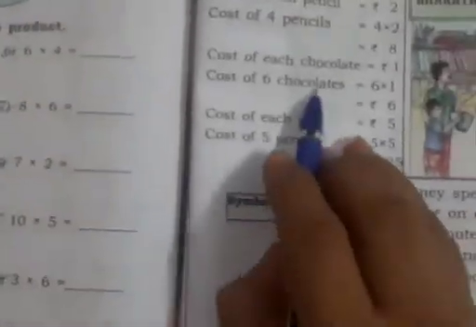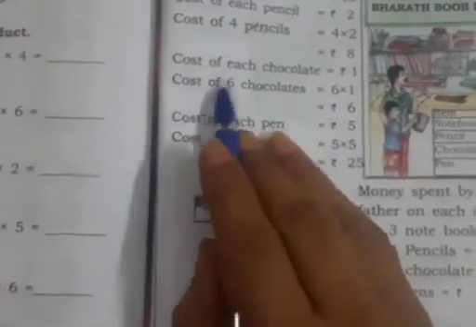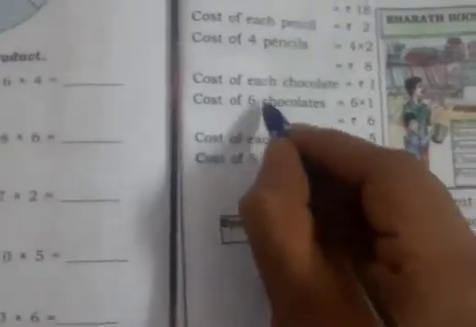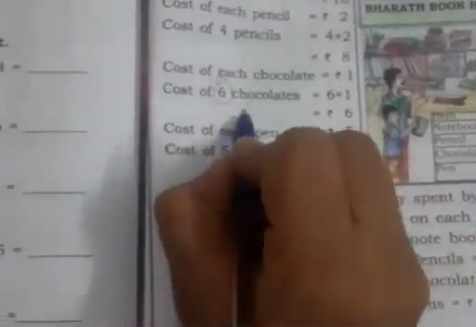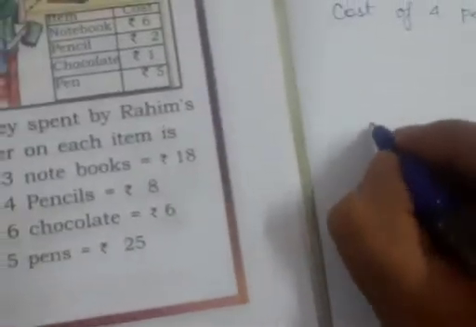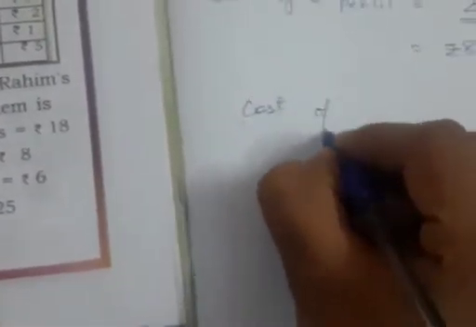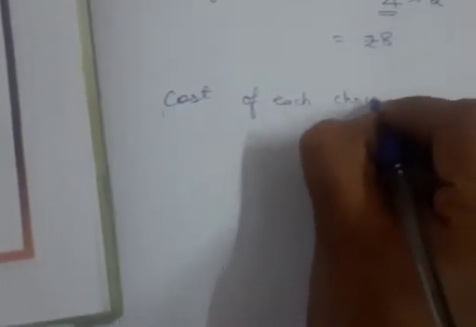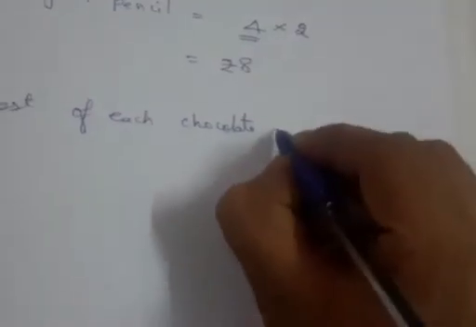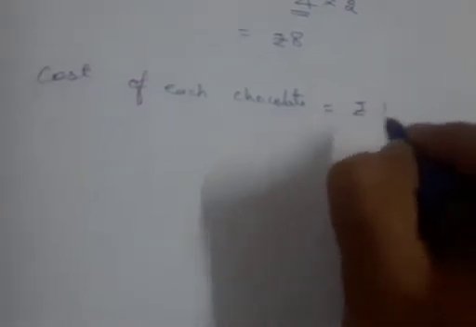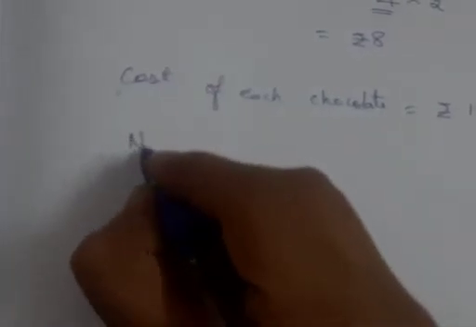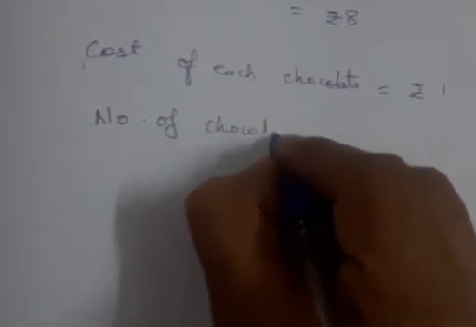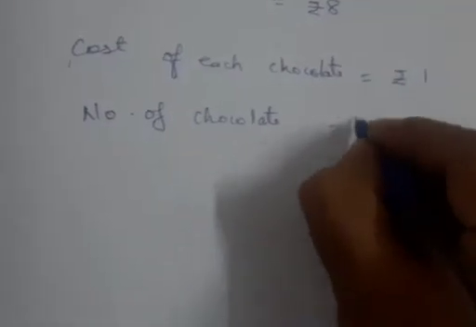Then what he buys? He buys chocolate. So cost of one chocolate is 1 rupee. The number of chocolates he purchases is 6. So cost of each chocolate equal to 1 rupee. And number of chocolates he bought is 6.